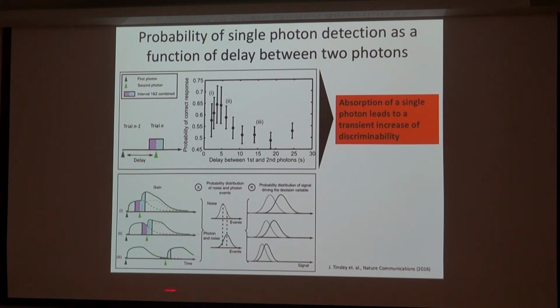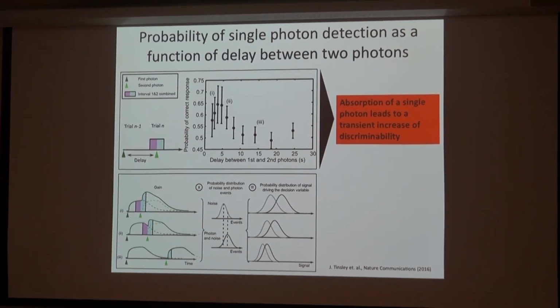This indicates that the absorption of a photon will induce a transient change in the gain of the system. Basically, the reason why the second photon is detected with a higher probability after a delay is because it is being detected on top of a higher gain situation. Right? So we now try to extract this delay, this gain kernel, from a different type of experiment.